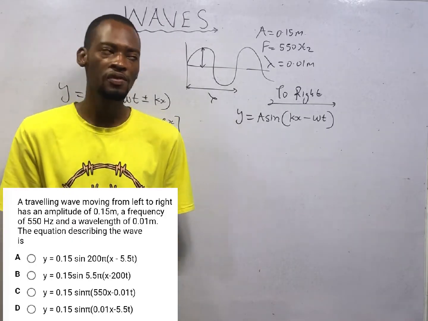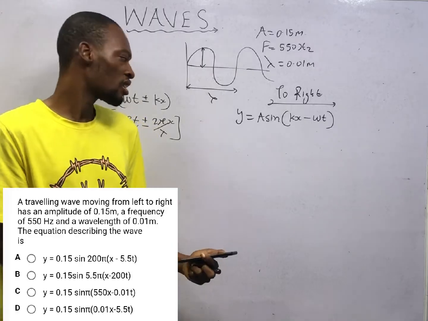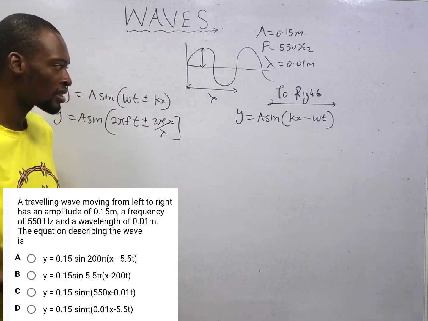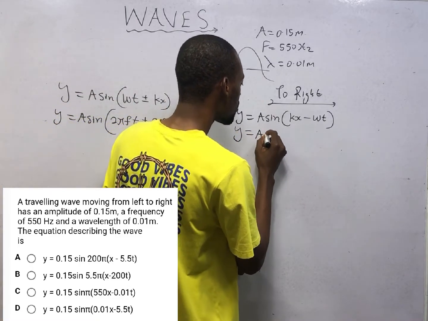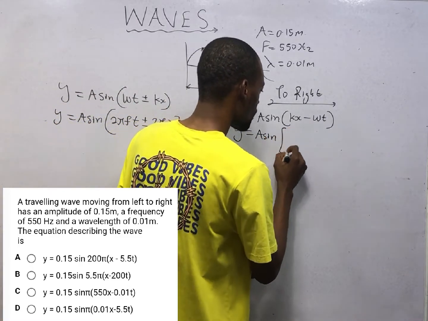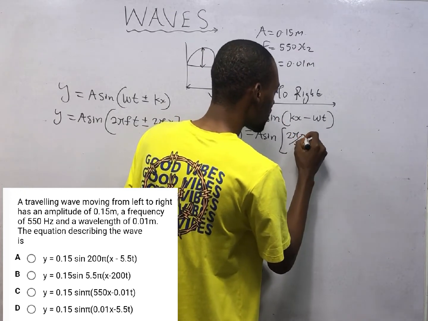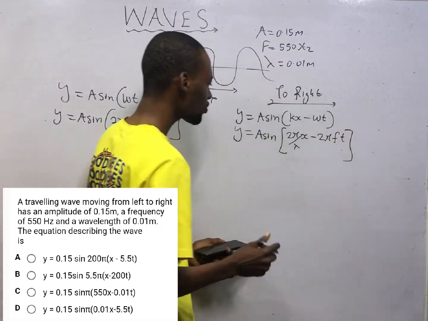But if you are just given a wave equation and asked to look for certain parameters, just compare with this general equation, you'll be able to get your answer. So from here, this is the same thing as y equals a sine 2 pi over lambda s minus 2 pi f t.